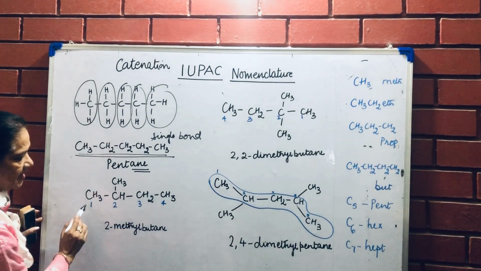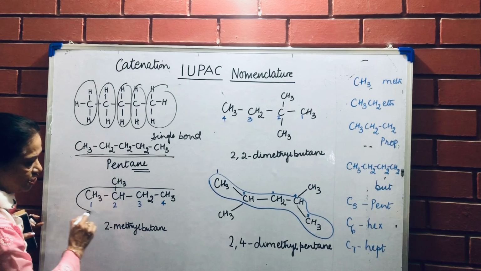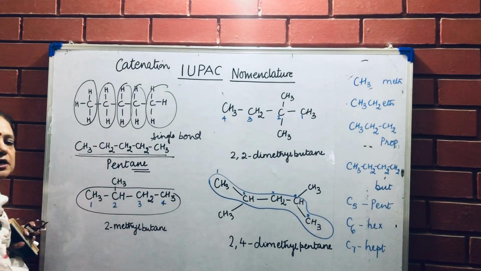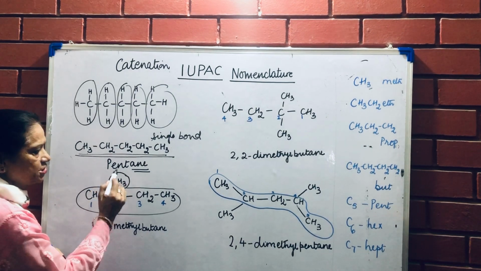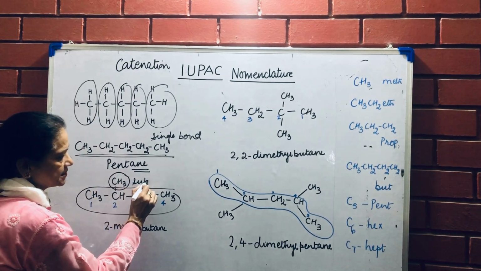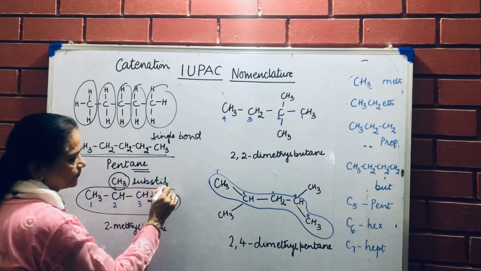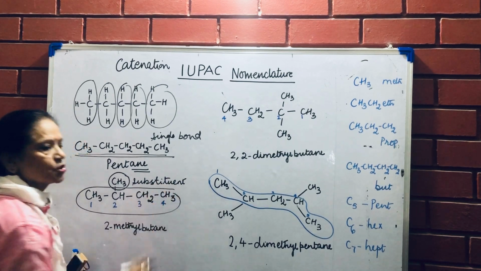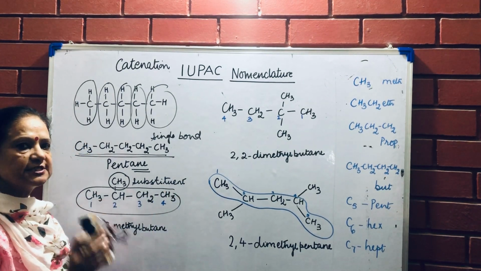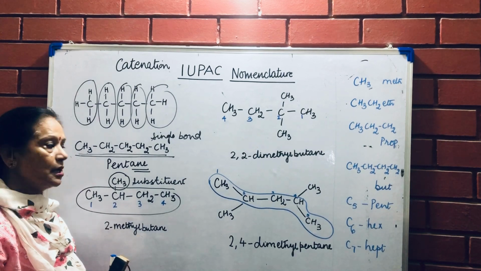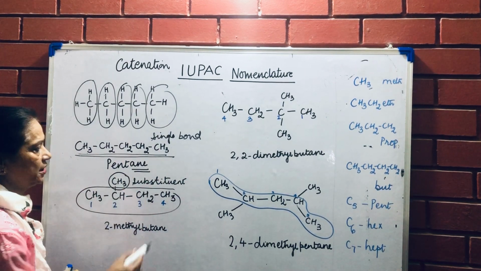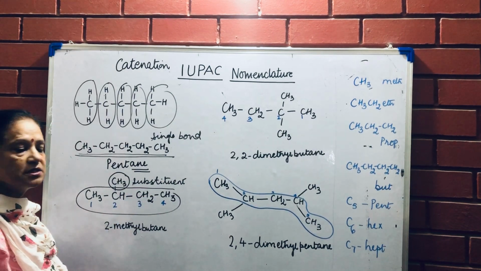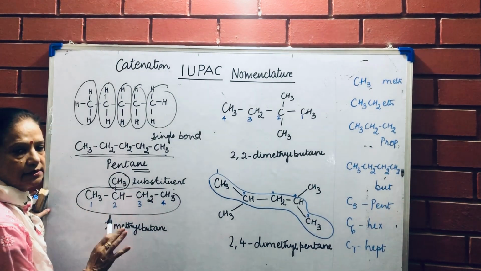This compound contains 4 carbon atoms in a chain and there is something outside the chain. Whatever is outside the chain is known as the substituent. So our rule is that we will first identify the longest chain. Now on that chain, if something is left outside the chain, which is known as the substituent, then start numbering the chain.